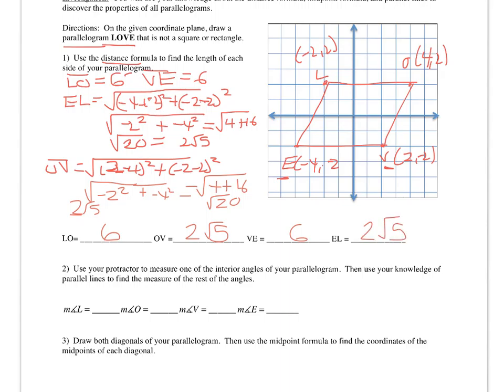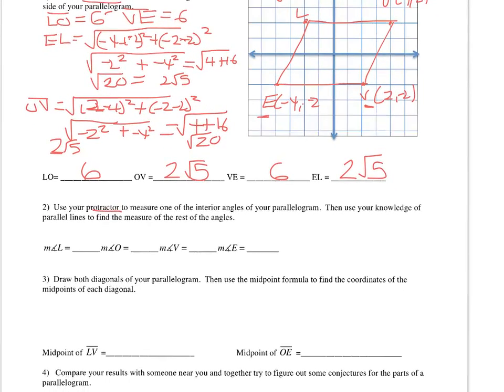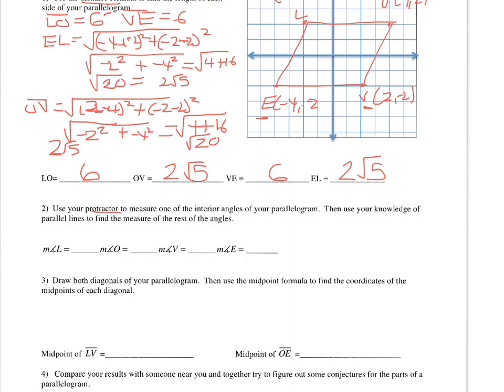Now I need you to go find a protractor, and you're going to do this next part, where you're just going to measure one angle. So I started with angle E. If you have your protractor, you're going to need to make one side really long so you can use your protractor and measure. And mine came out to be about 64, maybe 63 or 64.